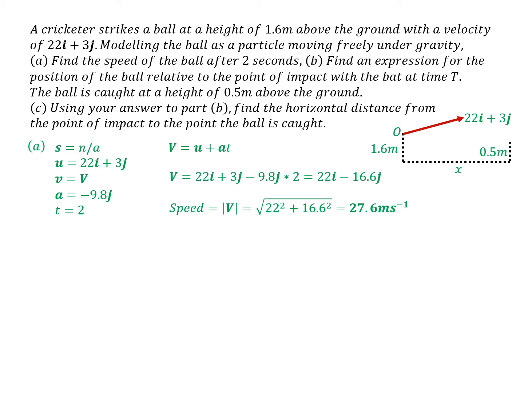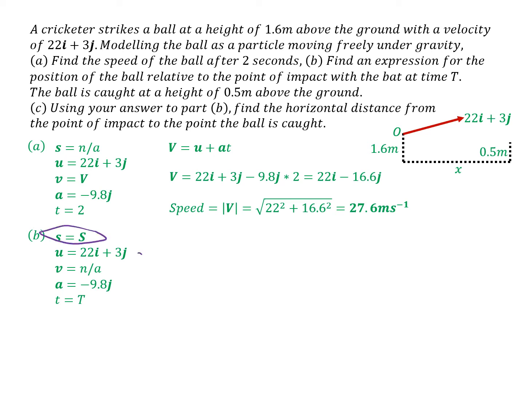So now what we want is an expression for the position of the ball relative to the point of impact with the bat. So this is the origin, the point of impact with the bat. So for part B, we're going to use suvat again, and we're trying to find the position of the ball, which is s.